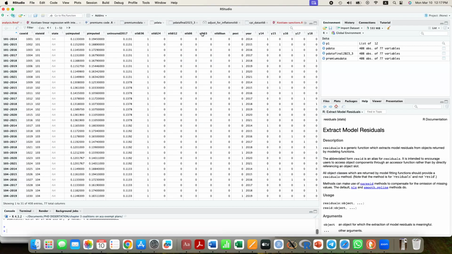Again, zeros for STLDI 3 means there is no policy where Alaska allows short-term plans for 3 months. But we do have ones for STLDI 36. So Alaska allows short-term plans to be for 36 months, for 3 years. This is the nature of the variables.